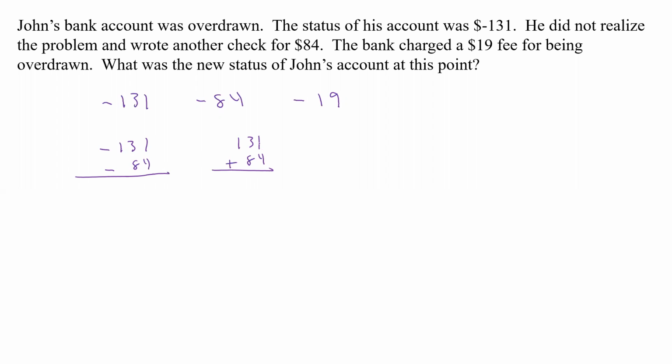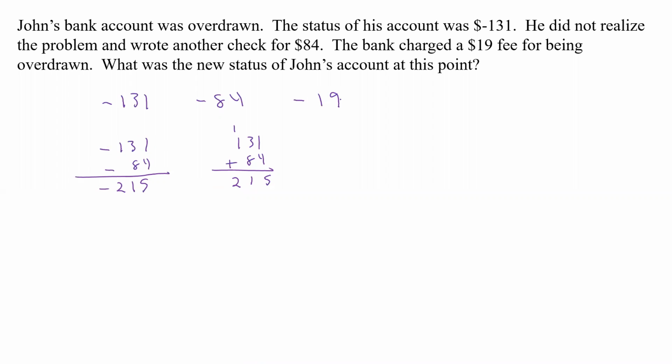Okay, so we can take 4 plus 1, 5, 8 plus 3 is going to be 11, carry the 1, 1 plus 1 is 2. But we know the sign is still negative, and so that really becomes negative 215. So when you're adding like signs, basically you just add the two numbers together and keep that like sign. Okay, so that's what we've just done here.